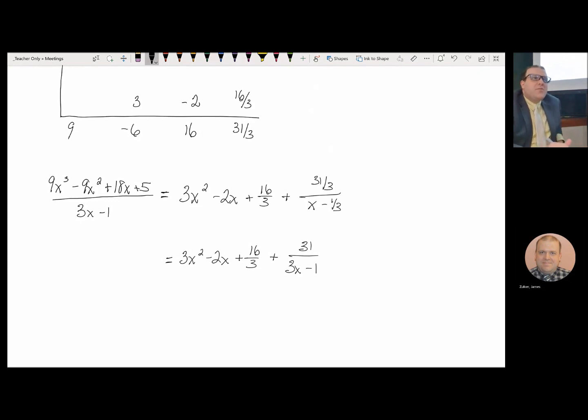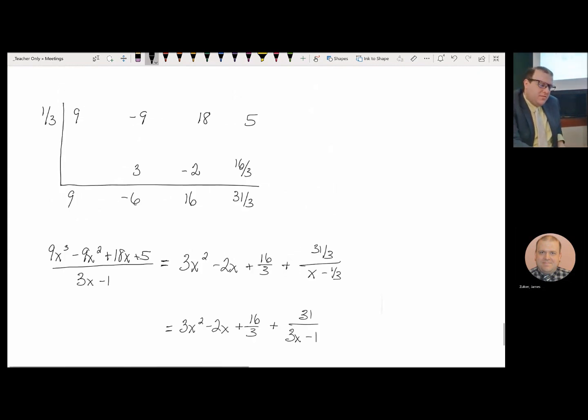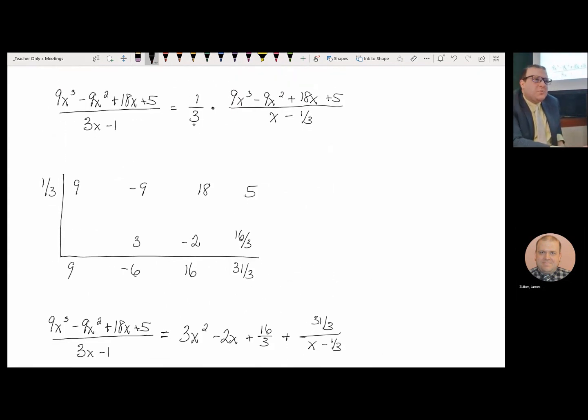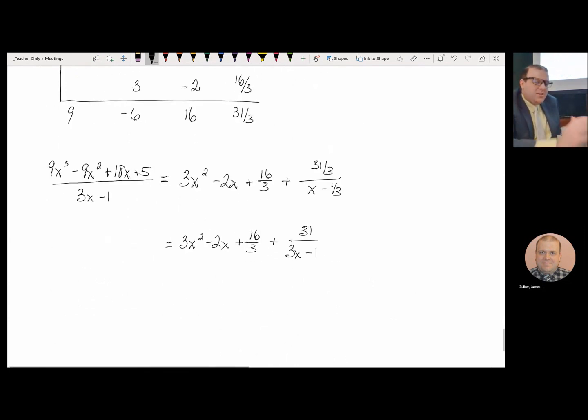Everything of the quotient gets divided by 3, because we factored a 3 out of the divisor. Essentially multiplying back through the quotient, yes.